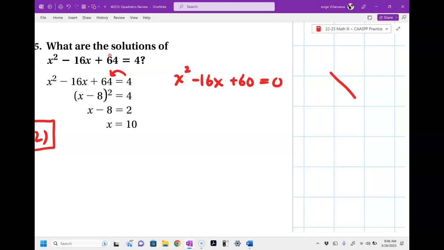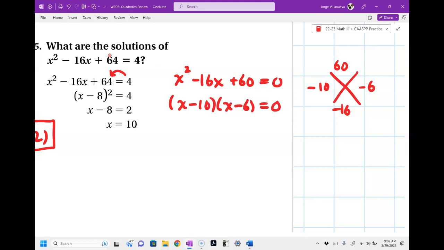So let's try this right here. I got 60, negative 16, 10 and 6, negative, negative. That makes sense. Negative 10 times negative 6 is positive 60. Negative 10 minus 6 is negative 16. So that's good. So this is x minus 10, x minus 6 equals 0.